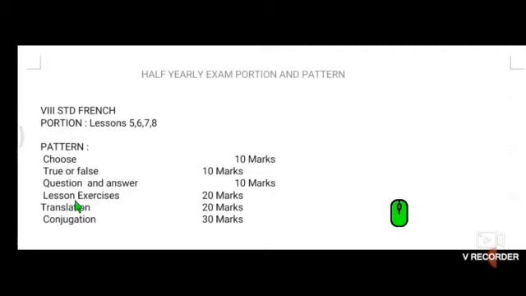And translation, you will write 2 translations that might be from any 2 lessons from 5, 6, 7, 8. When you write, each page has one translation. Don't try to write everything. I do not require the French translation because you have translated it to English, right?